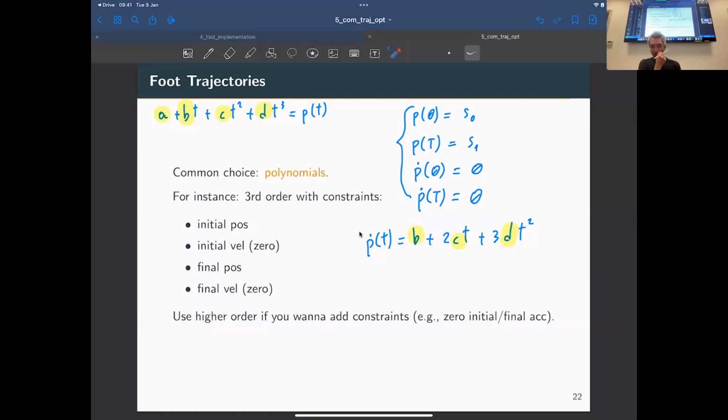Or another option would be to use a single polynomial for representing the whole trajectory, but you need to introduce an extra constraint, which is that in the middle, so at time t divided by 2, you need to be at a certain height. And if you do that, however, you can no longer use a third order polynomial because you have 5 constraints.